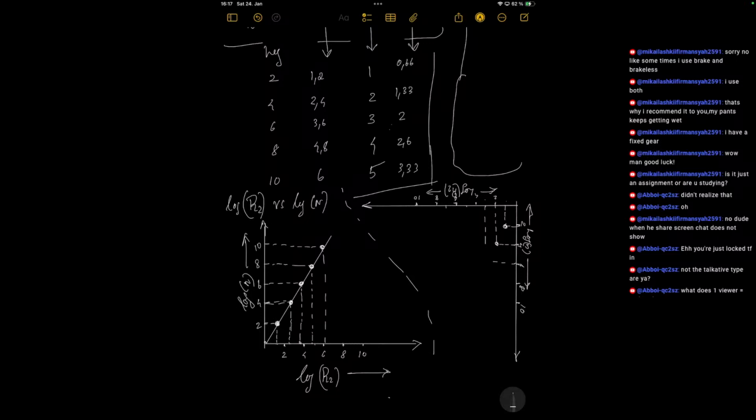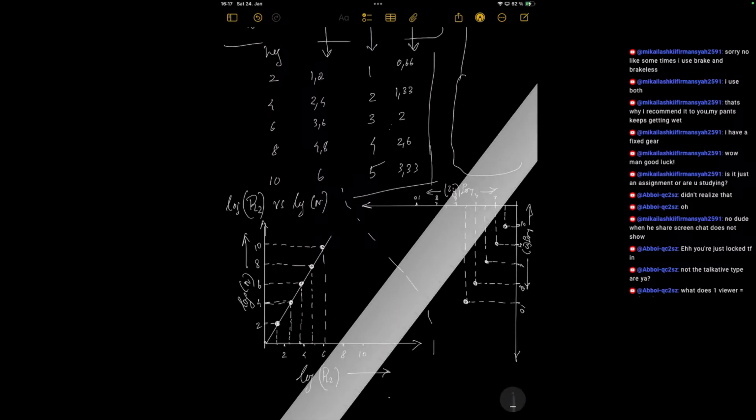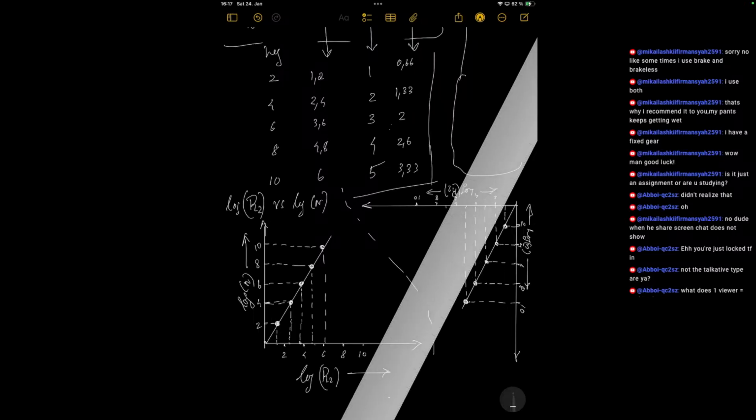Three, 4, 5. Yep. Yeah, that's a straight line enough.